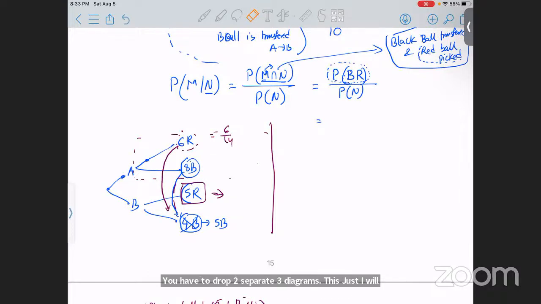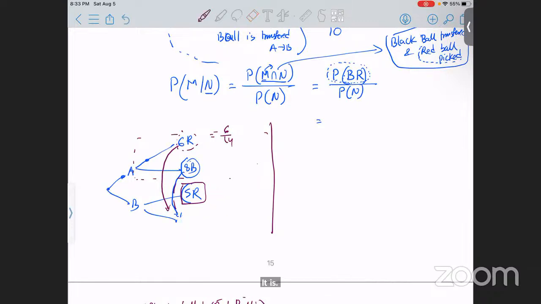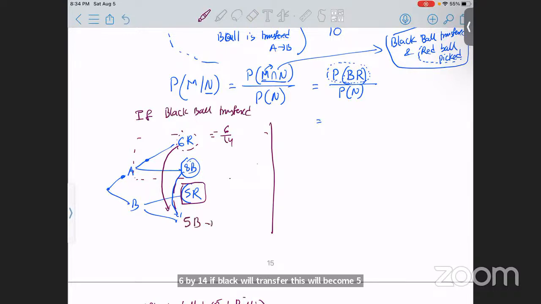In the first case, if a black ball is transferred, this is 8 by 14. If a black ball is transferred, it will become 5 black, so 5 by 10.